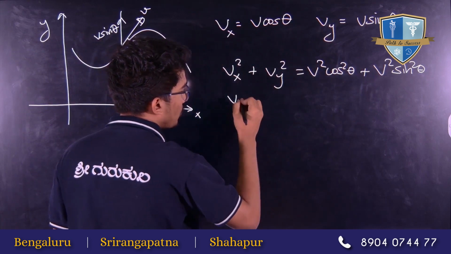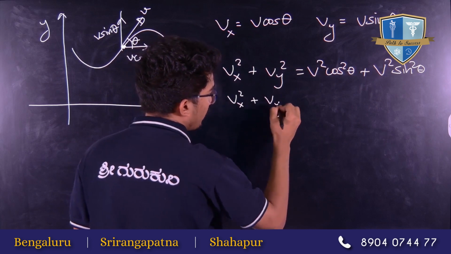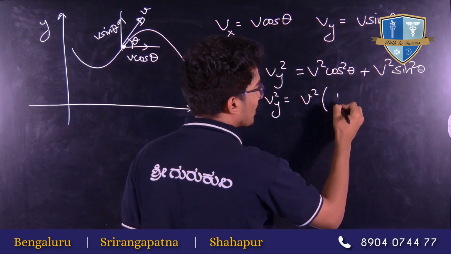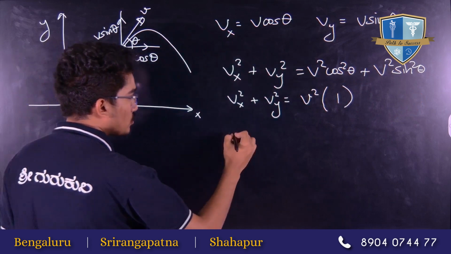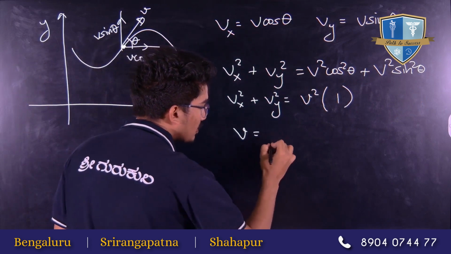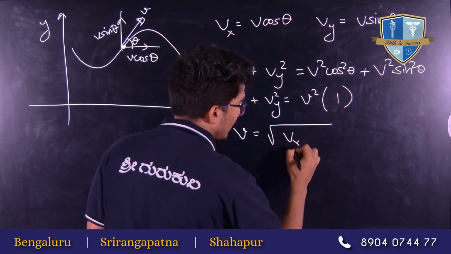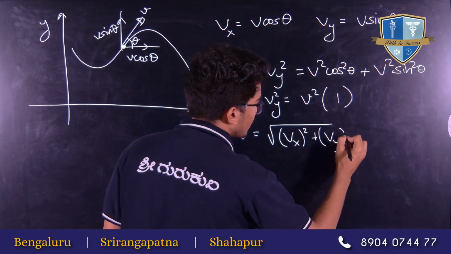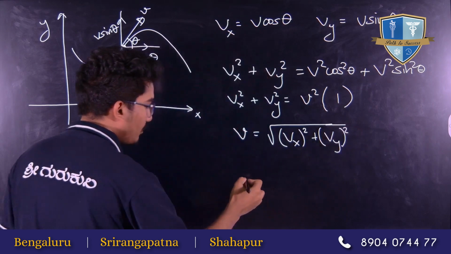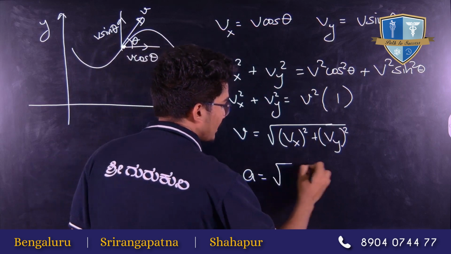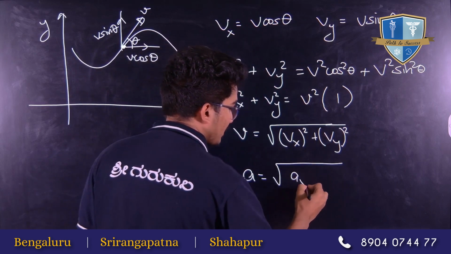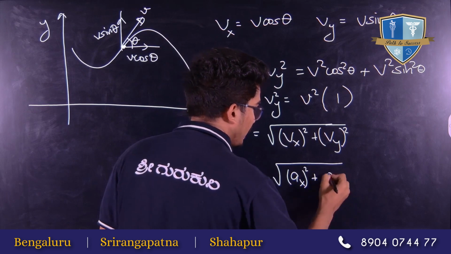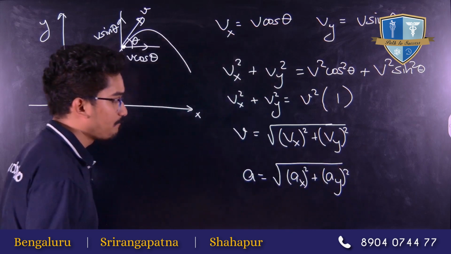So vx square plus vy square is equal to v square into sin square theta plus cos square theta, which is equal to 1. So velocity will be equal to the root of velocity in the x direction square plus velocity in the y direction square, correct? Similarly we will do it for acceleration as well. Acceleration at any point will be the root of acceleration in the x direction square plus acceleration in the y direction square, correct?